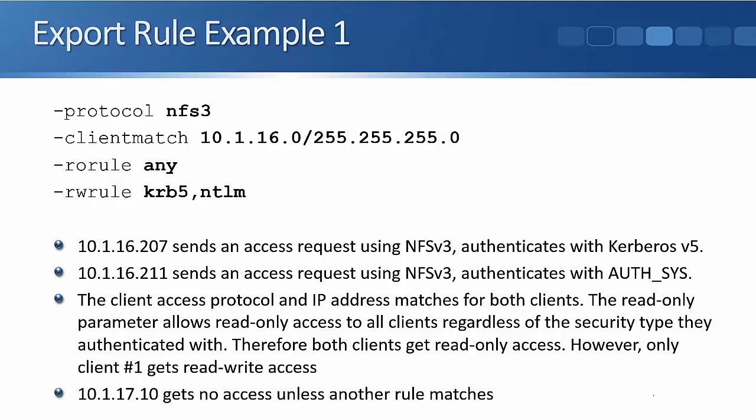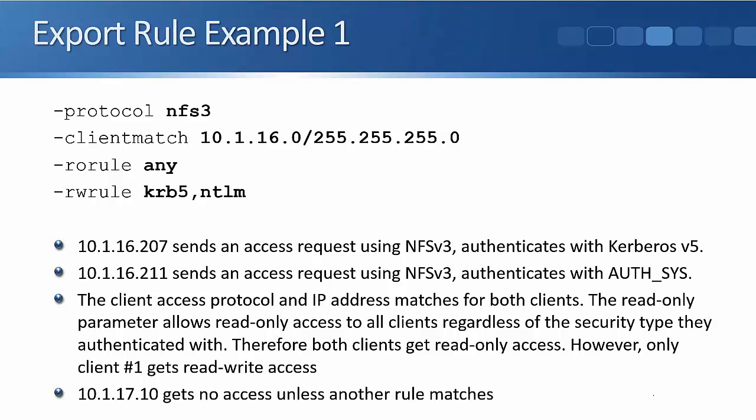So let's say that a client at IP address 10.1.16.207 sends an access request using NFS version 3 and authenticates with Kerberos version 5. And another client on 10.1.16.211 also sends an access request using NFS version 3, but it authenticates with AlphaPrep. The client access protocol and IP address matches for both clients.